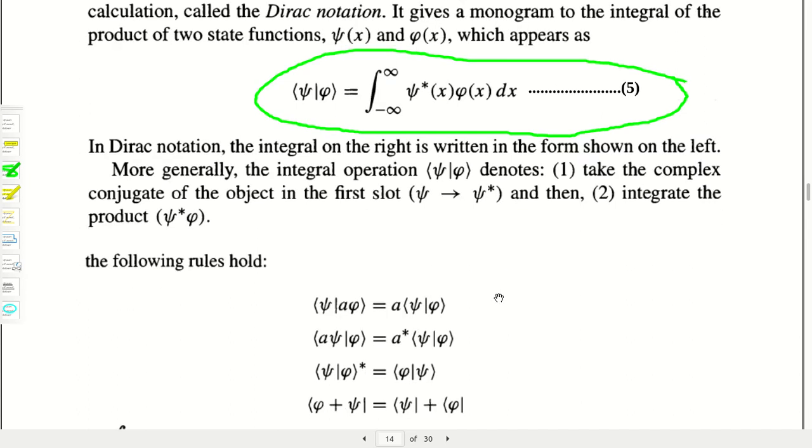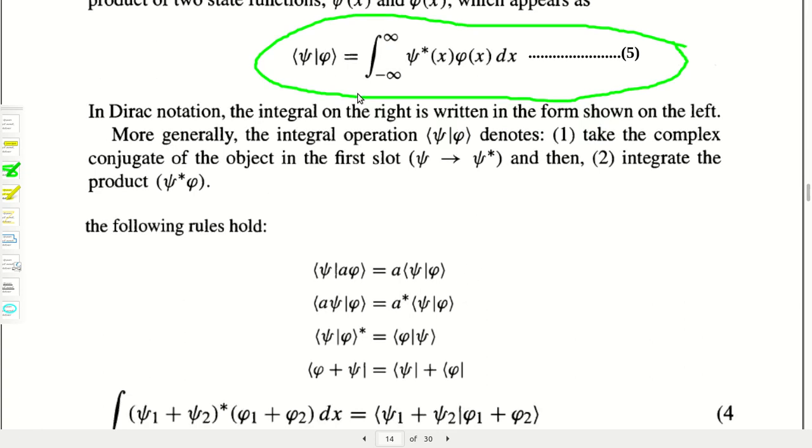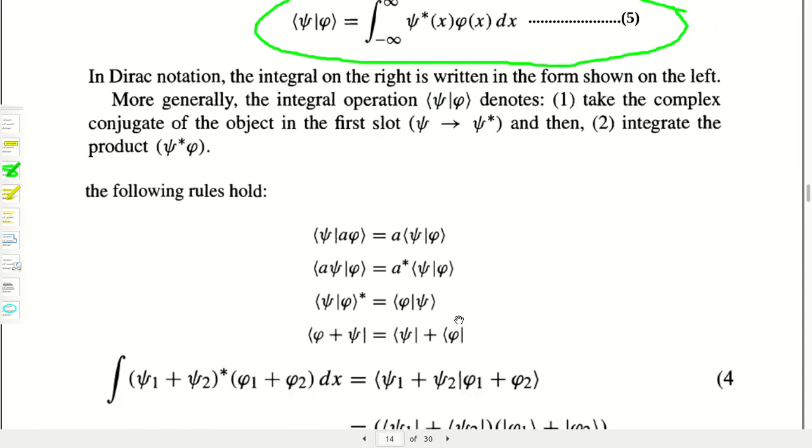Now let us take these properties, and I suggest that you prove them yourself. In a simple manner you can prove this. If you understand this equation 5, then these four relations will follow very easily.